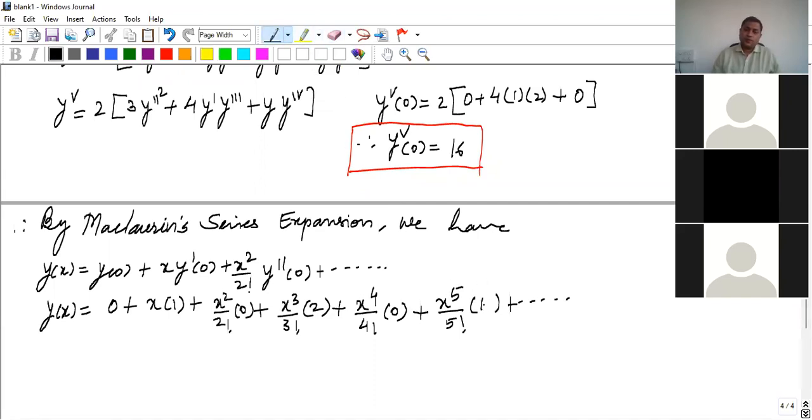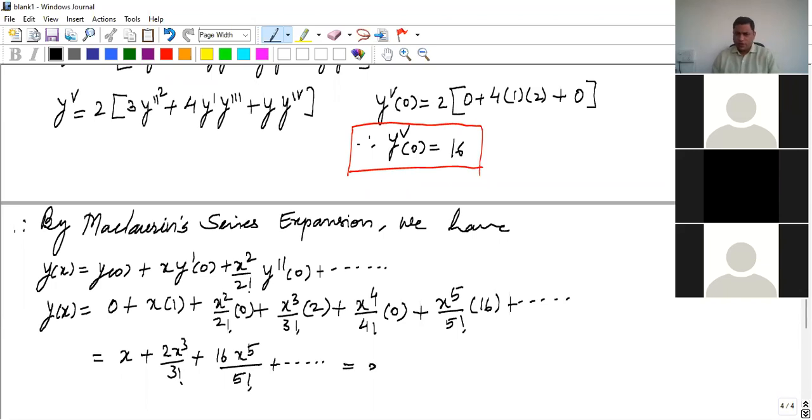Now simplify this. It is going to be x plus 2x cubed by 3 factorial, plus the next term is 0, plus 16x raised to 5 by 5 factorial, and there are many more.